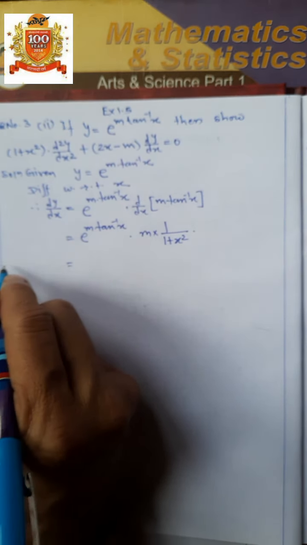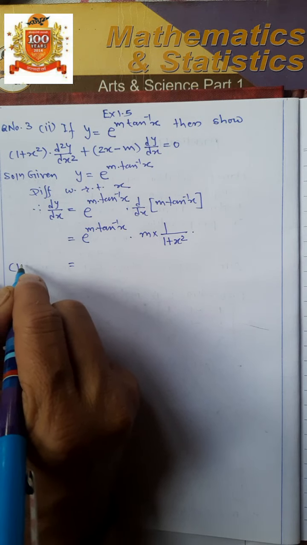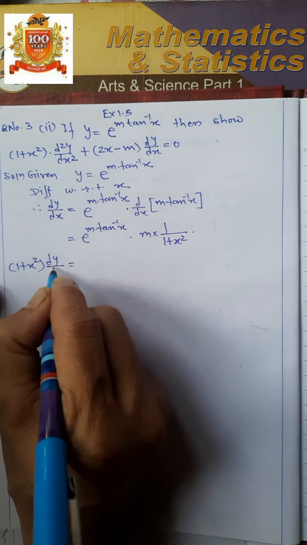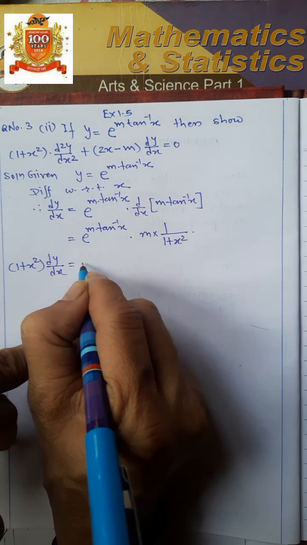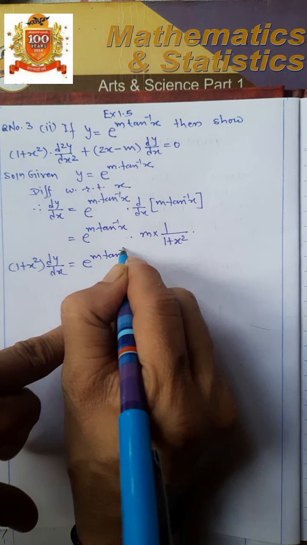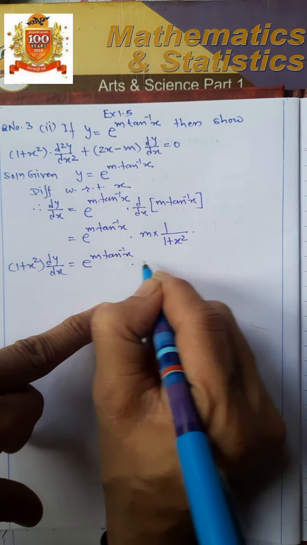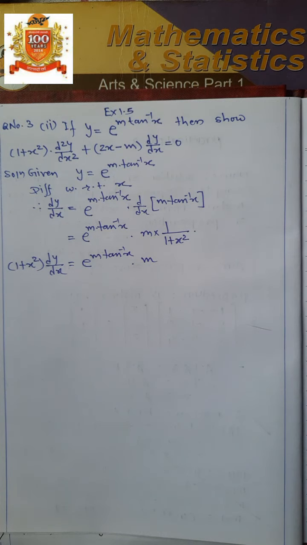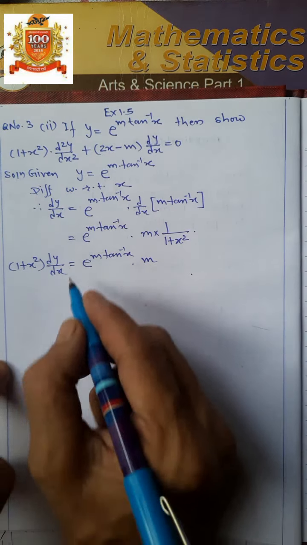Do cross multiplication. 1 plus x square into dy by dx is equal to e raised to power m tan inverse of x into m, isn't it? This goes in multiplication.